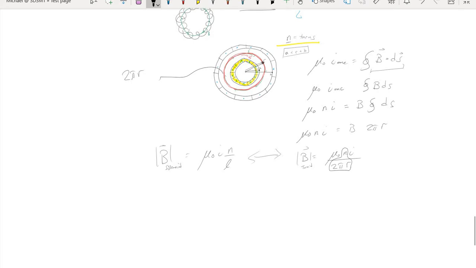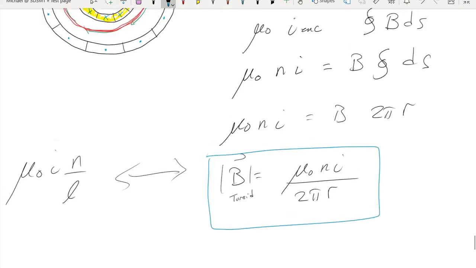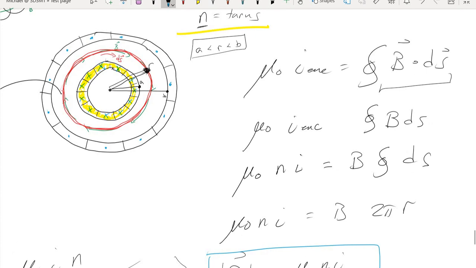But the major difference between these two expressions is that when it comes to the toroid, we don't have to limit ourselves to measuring the magnetic field right at the center of the toroid. We don't have to measure things right here at R. We could move out a little further towards the outer wall of that toroid.